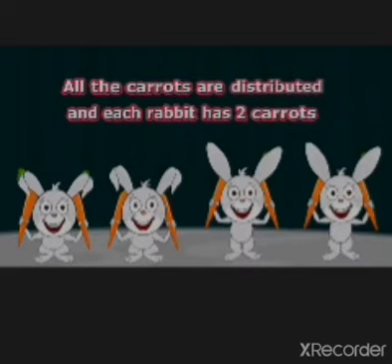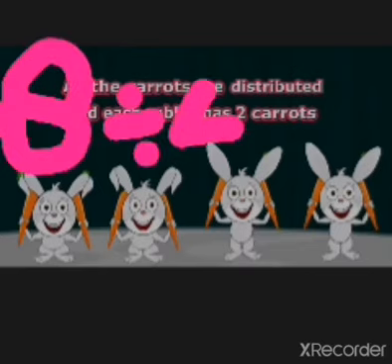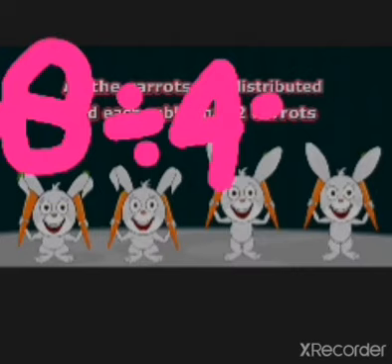When we have divided 8 into 4 groups, we have 2 items in each group. So the number of items in each group is 2. Basically, 8 divided by 4 is equal to 2. You can clearly see that each group, each rabbit, has 2 carrots.